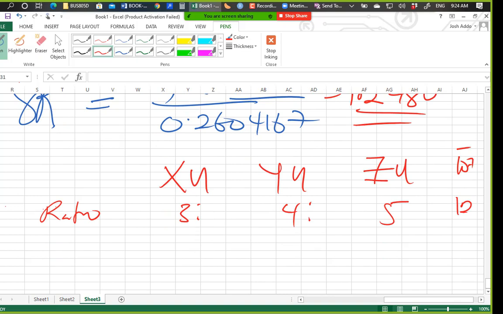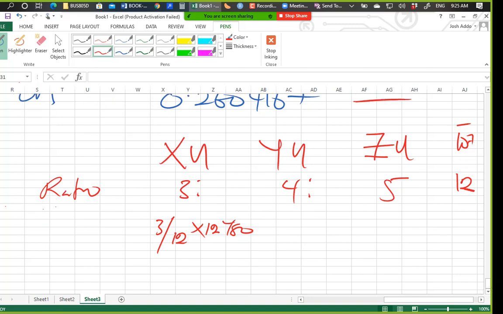Yes. Okay. So XU's share is his representation of the total 12 of the amount we are sharing. This will be 3/12 times 12,480. What would that be?